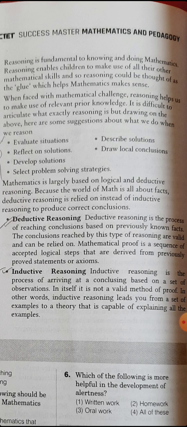Deductive reasoning is the process of reaching conclusions based on previously known facts. The conclusions reached by this type of reasoning are valid and can be relied on. A mathematical proof is a sequence of accepted logical steps that are derived from previously proved statements or axioms.